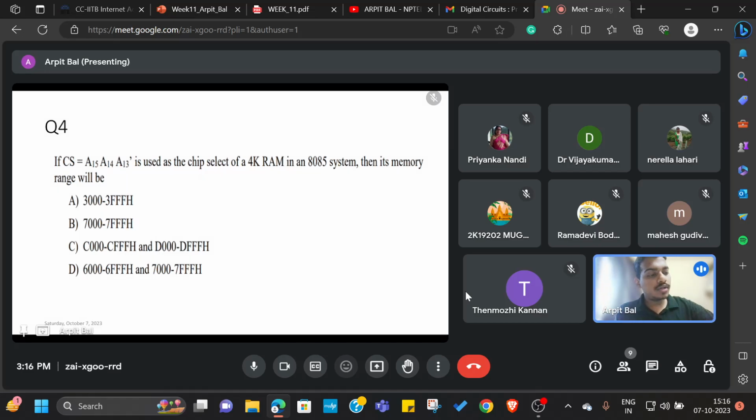Okay, moving on to the next question. The next question is related to something called the chip select signal. So what is chip select? If there are a number of memory chips available to you, let me number them 1, 2, 3, and so on.